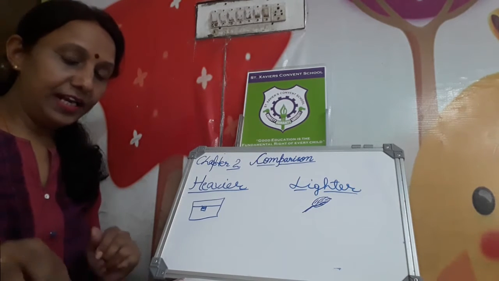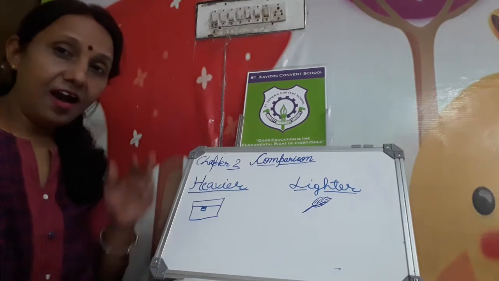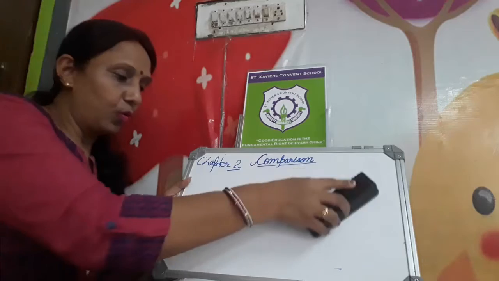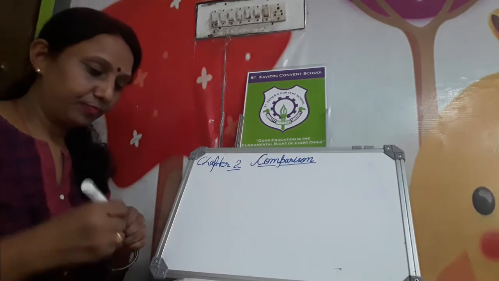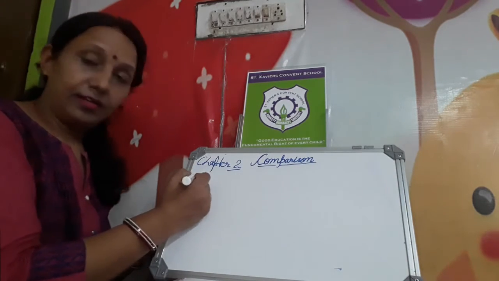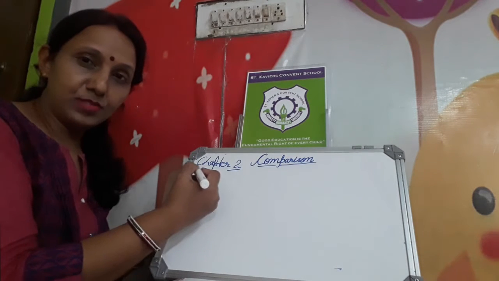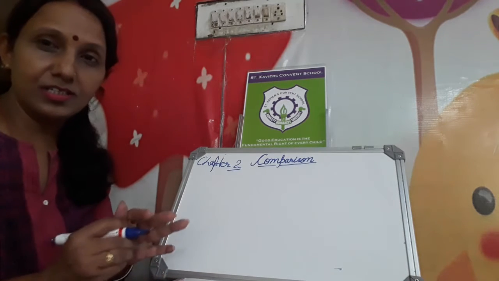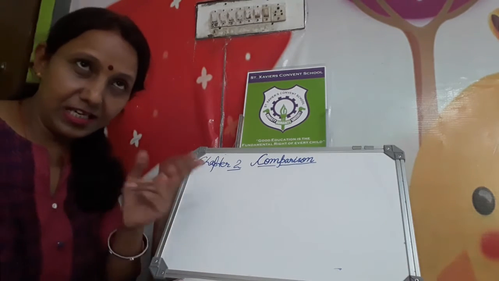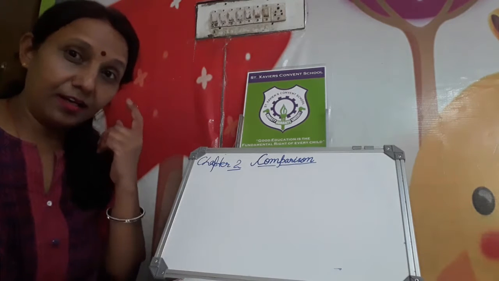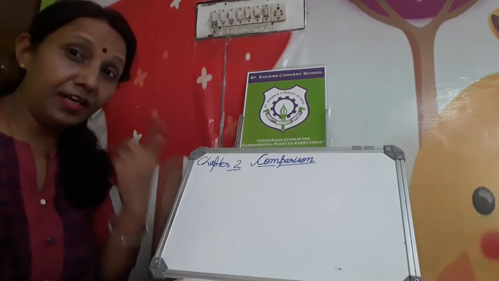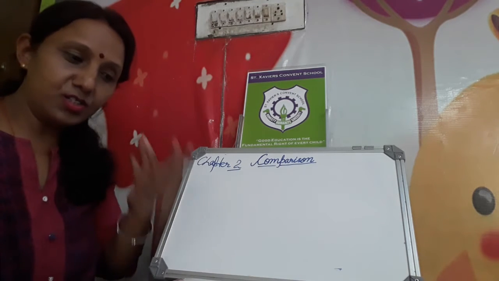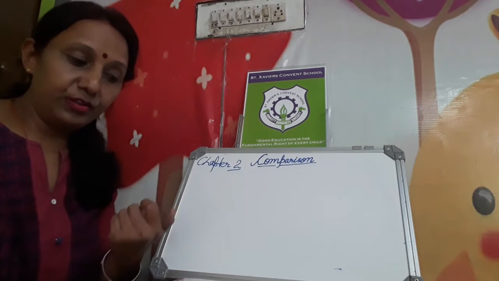Alright. Now next comparison we will study, higher and lower. Just the size, that comparison I am telling you, and their length, their size, you have to keep in your mind. You just see the things in your surroundings and compare them with their names also, like longer, shorter, bigger, smaller, taller, shorter, heavier, lighter, thicker, thinner.